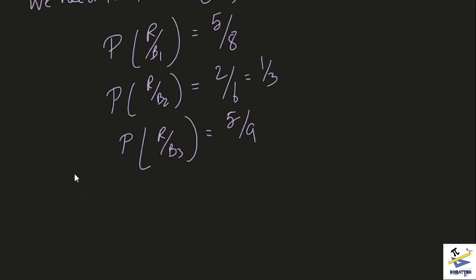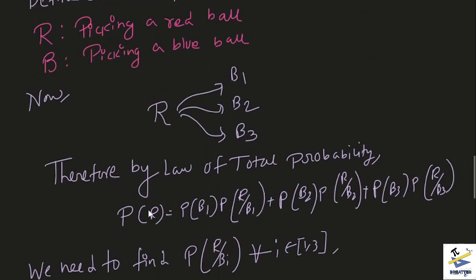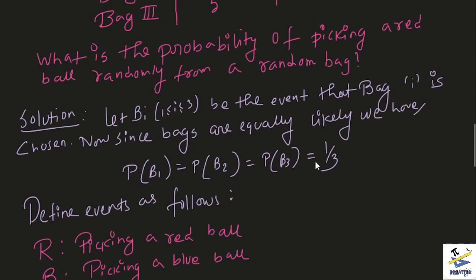Okay. And this actually completes all of our calculations. So lastly, probability of R should be, now as you know, all the probabilities of Bi are 1 by 3 as we have done already before, because the bags are basically random and equally likely.